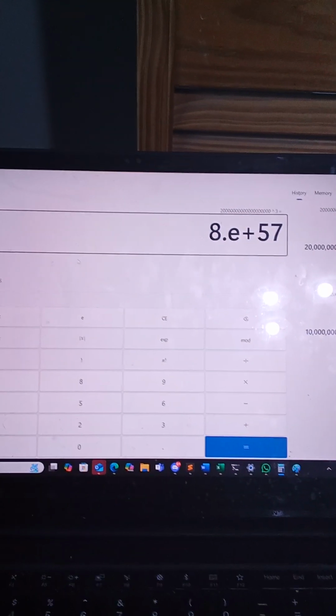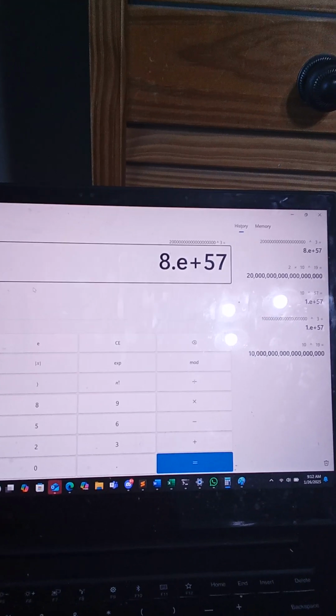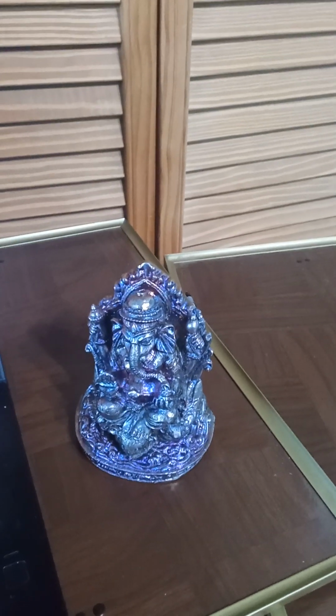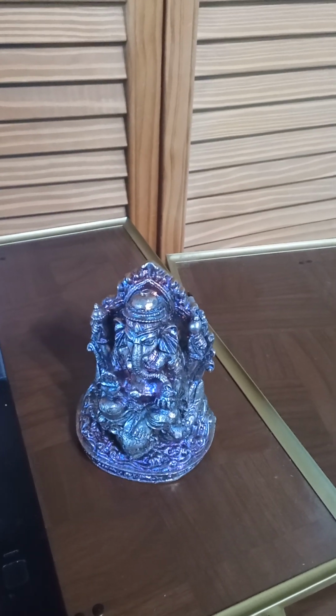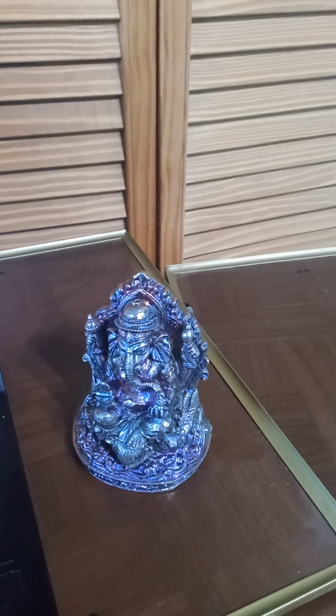So you've got 1 in 8 times 10 to the 57 for any specific atom in there to become gold 197. But don't forget, this bismuth Ganesh has lots and lots of atoms, right? Let's suppose it weighs about 2 kilograms, 2,000 grams.